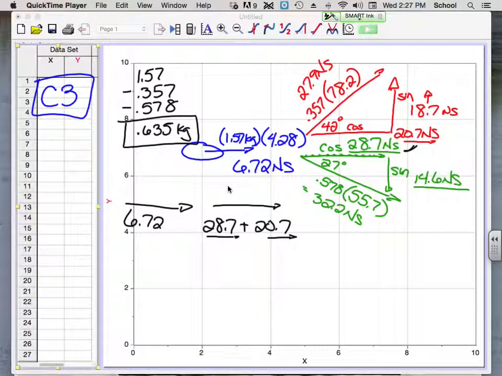This should equal that plus chunk 3 going to the side. Clearly these two numbers are bigger than that, so chunk 3 must be going that way. So 6.72 minus 28.7 minus 20.7 gives negative 42.7.